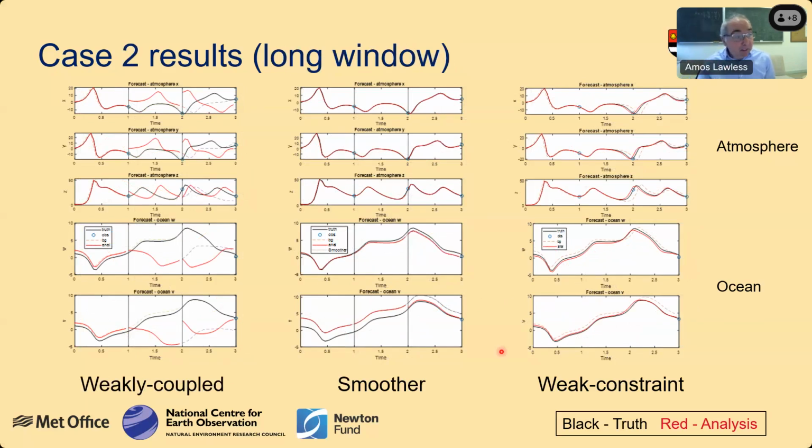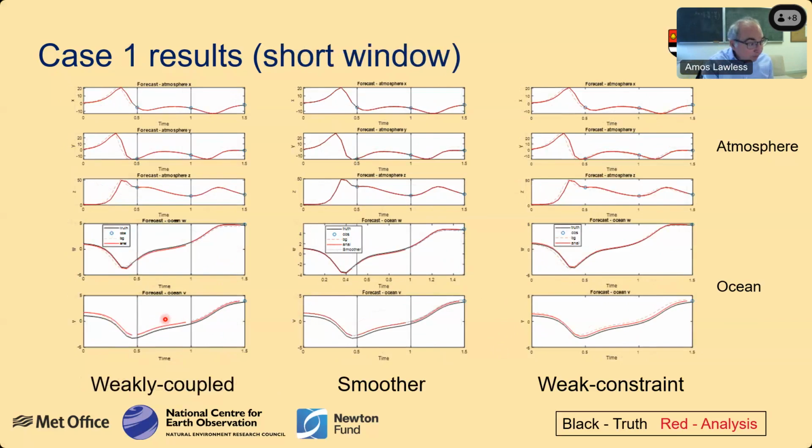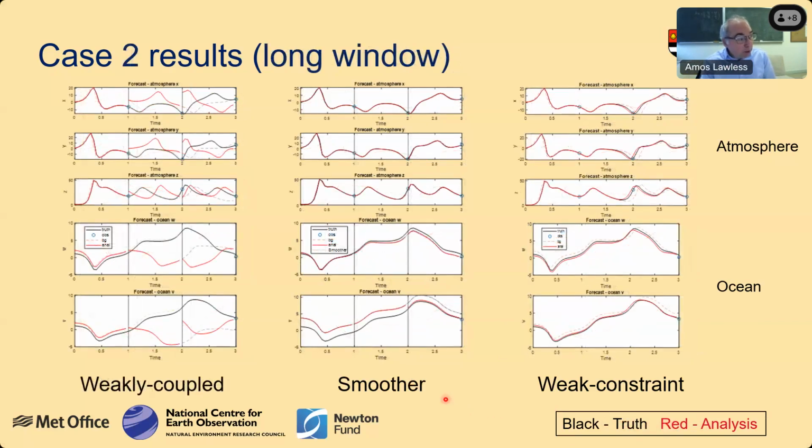where I should have said here that the red is the analysis and the black is the truth. Sorry, I hope that was clear. It's becoming more important where we look here when we do over the 3 time windows, where the weakly coupled system, after the first time window, because we have no observations of the ocean in the first time window, when we get into the second short time window, here we're in a very chaotic regime.